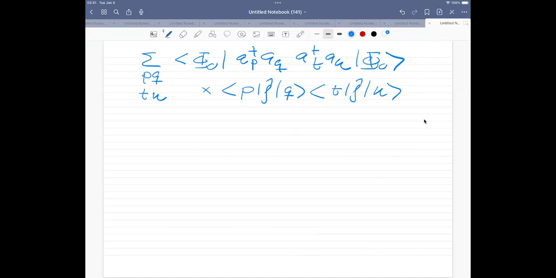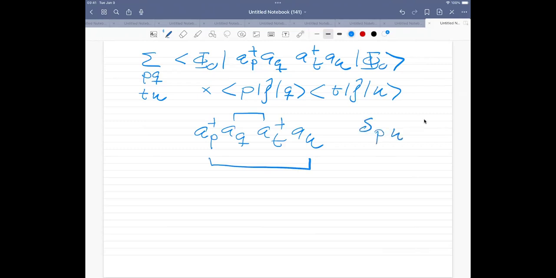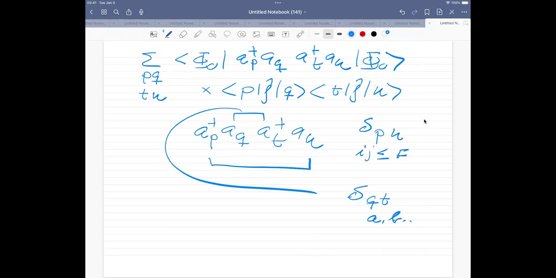And if we then look at the contractions which are possible, this really limits us to some very few ones. And we see immediately that the only possibilities are actually these ones. So that means that the P and U have to be less than the Fermi level. And then this one gives us a delta of Q and T, and that means that we have labels A, etc., B, etc. So this is an I, J, but in our case, this simply reduces to the following sum.